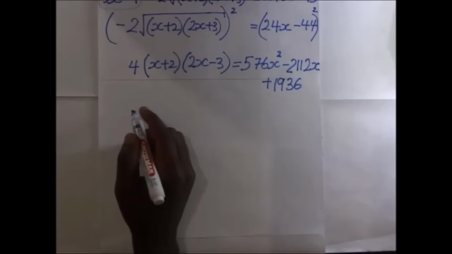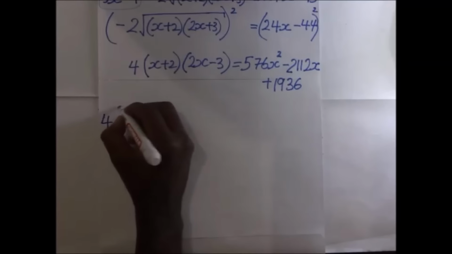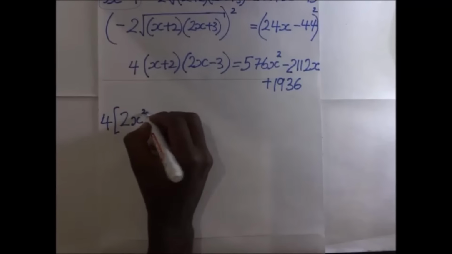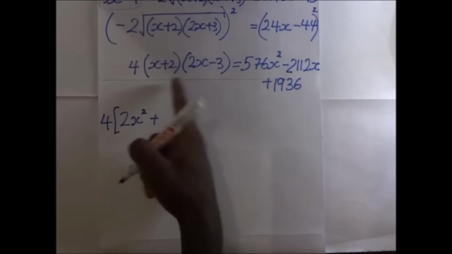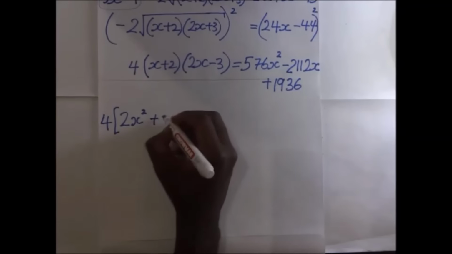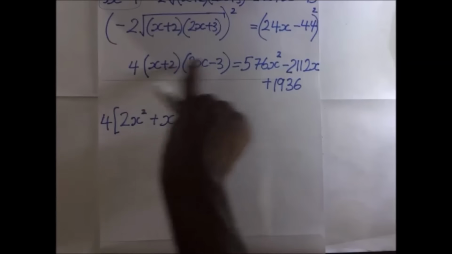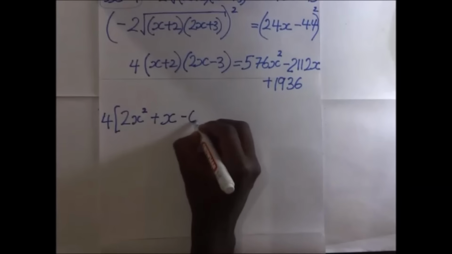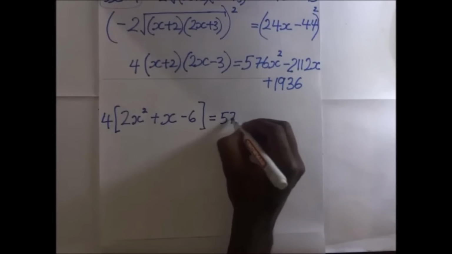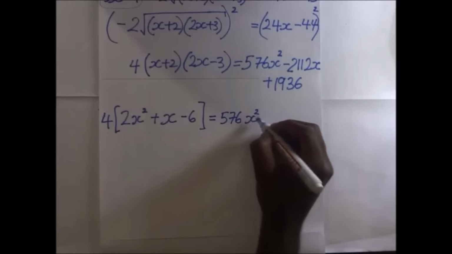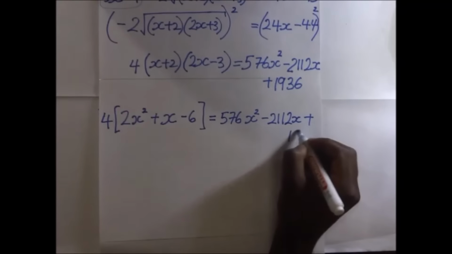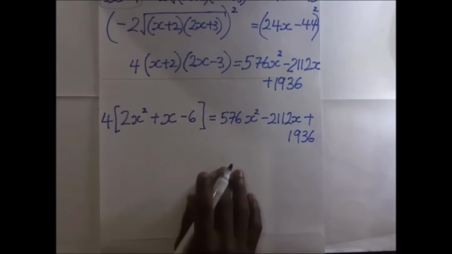So this becomes, when we expand that, 4 into this times that is 2x squared, plus this times that plus this times that is going to give us plus x. Then 2 times negative 3 is going to give us negative 6. Is supposed to be equal to 576x squared minus 2112x plus 1936.